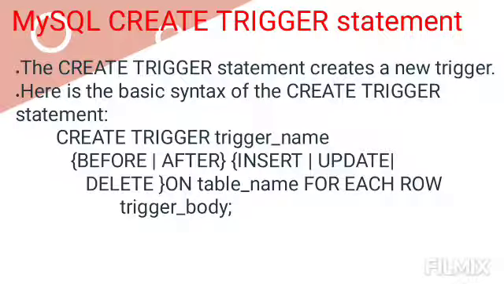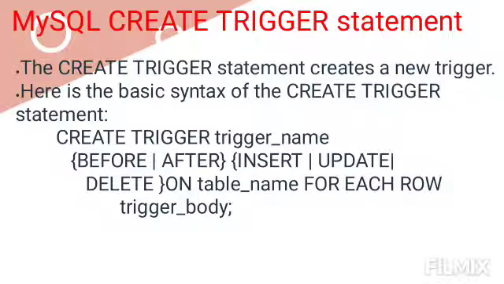Next we specify when to execute the trigger. Before or after action is specified. Action time can be either before or after, which indicates that the trigger is invoked before or after each row is modified.